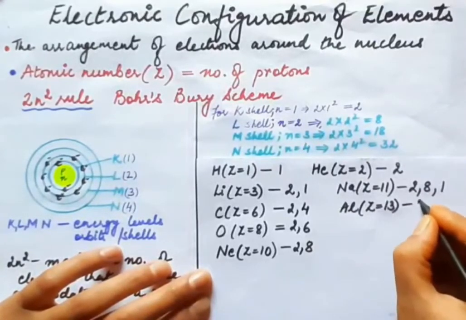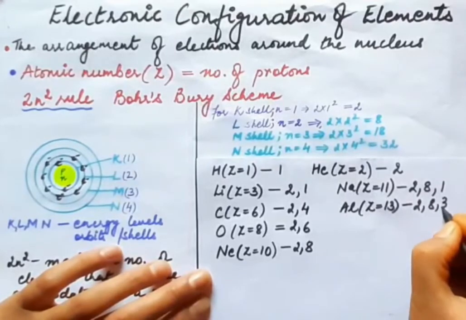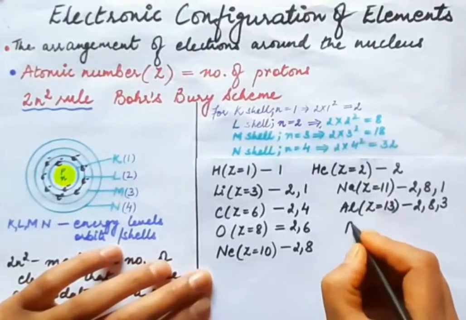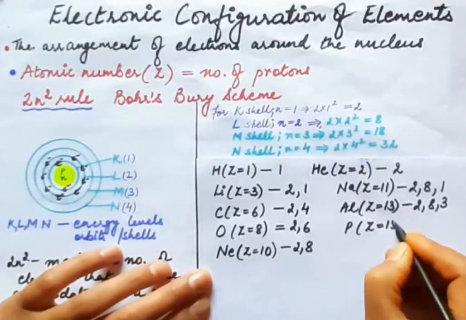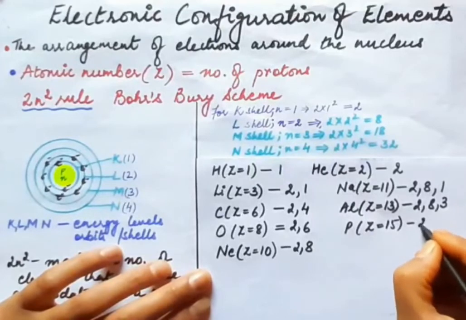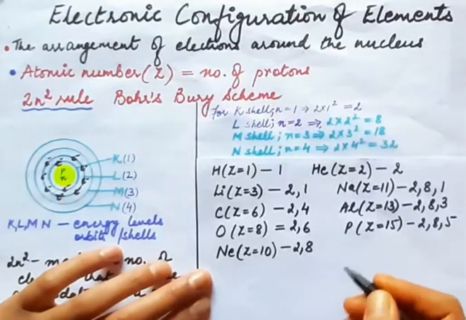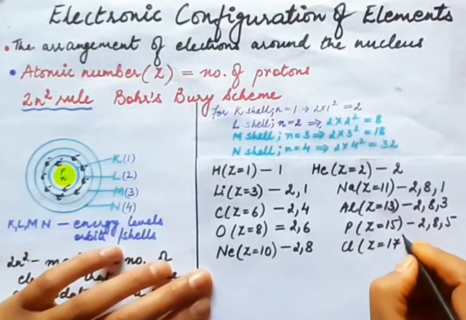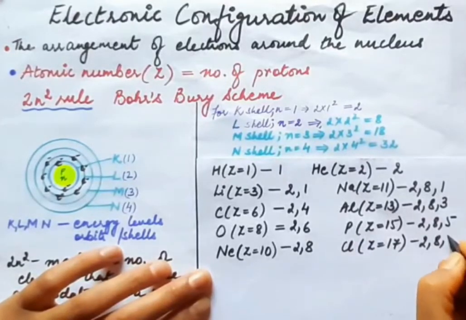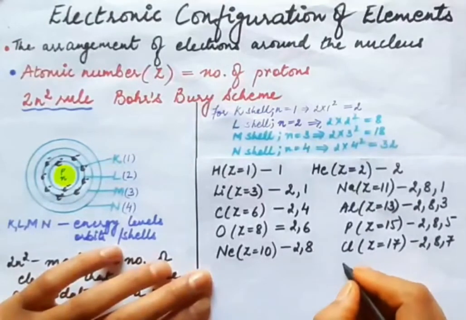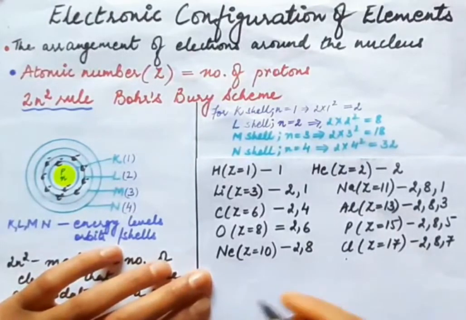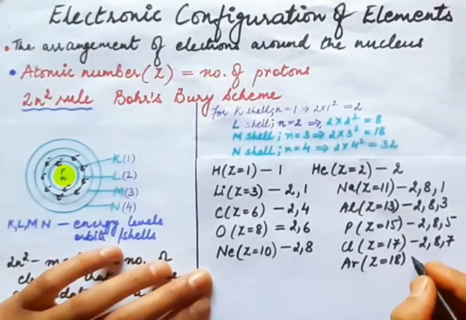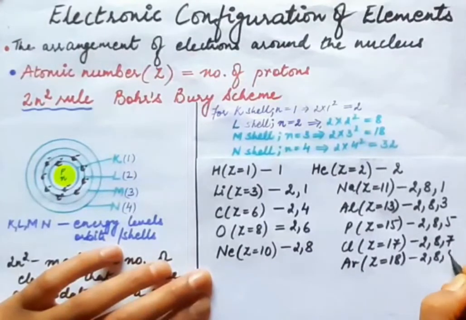Now electronic configuration is 2, 8, 3. We move on from aluminium to, let's say, phosphorus. Atomic number is 15. 2, 8, 5. From phosphorus to chlorine, atomic number is 17. 2, 8, 7. Now from chlorine, we are moving on to the next element, that is argon. Atomic number is 18. So electronic configuration is 2, 8, 8.